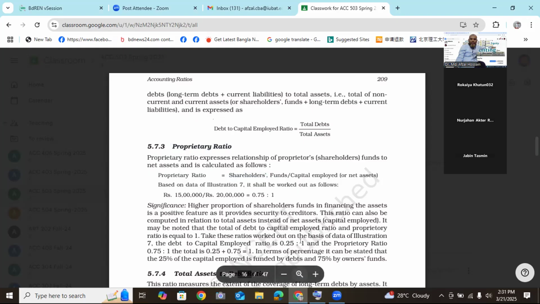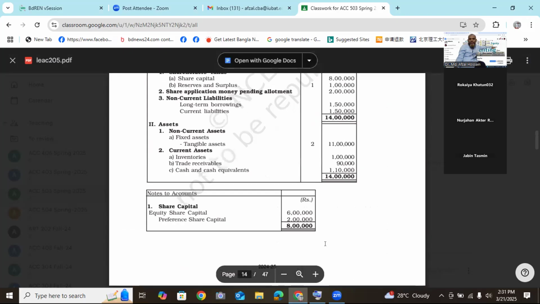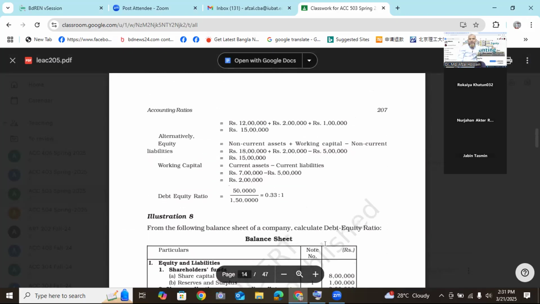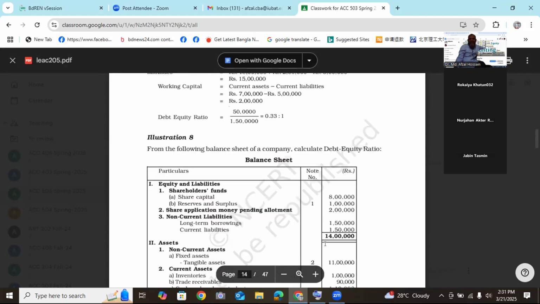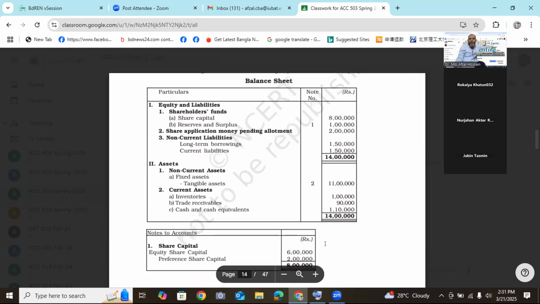If from your assets you deduct the non-current liabilities, asset minus liability, then you get the net asset, or shareholder equity.